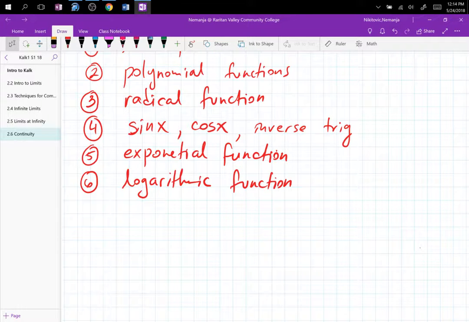So now, if you see a polynomial function, you can immediately claim that it is continuous because of the theorem which we had. If you see an exponential function, it is automatically continuous, logarithmic, and so on, each one on their own domain. But then we run into a problem of composite functions.